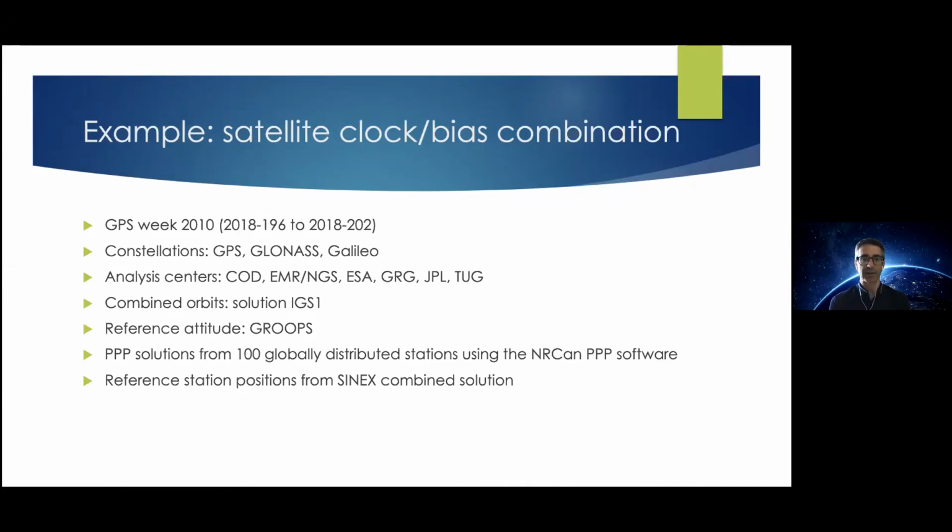I used the combined orbits produced by Selim, the IGS-1 solution. The reference attitude was provided by groups, and I also did some PPP tests using 100 globally distributed stations, and those tests were done using the NRCan PPP software. In these PPP tests, the reference station positions came from the SINEX combined solution produced by Paul Revichon.